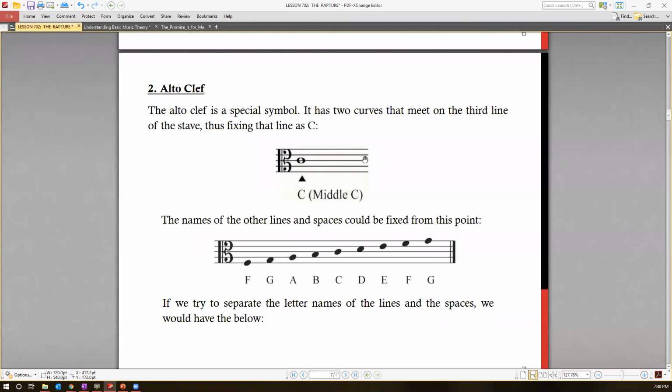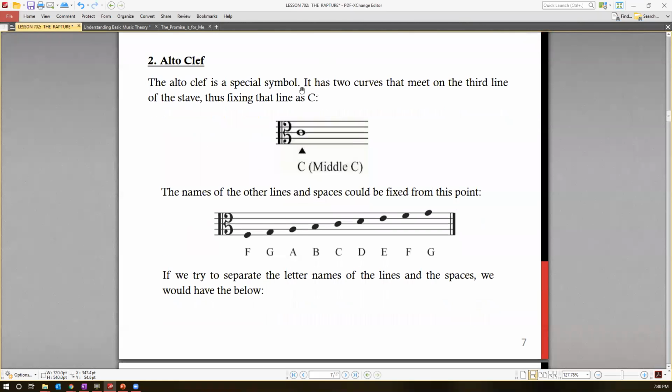The line is C. Same thing as the treble clef, we can run from C. The next space here will be D. The line will be E, F, G, and we can go down. We'll say that's B, that's A, that's G. So the names of the other lines and spaces can be fixed from this point.